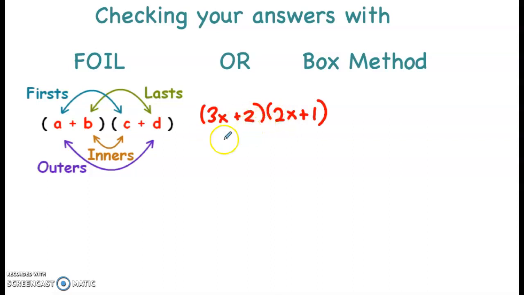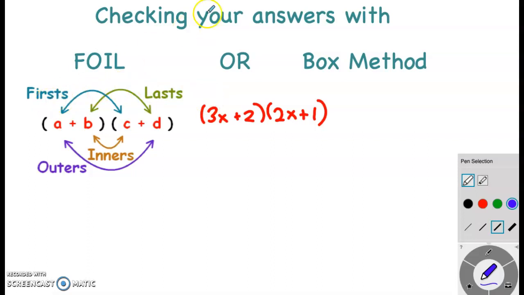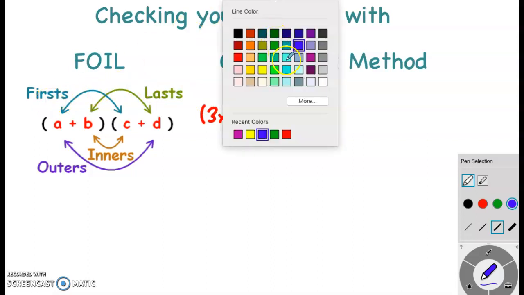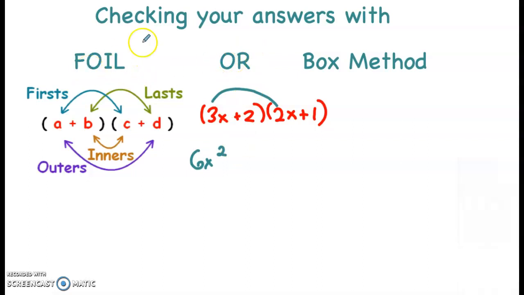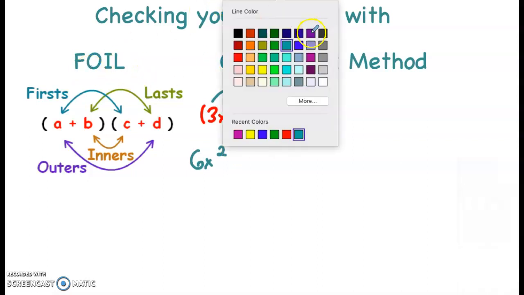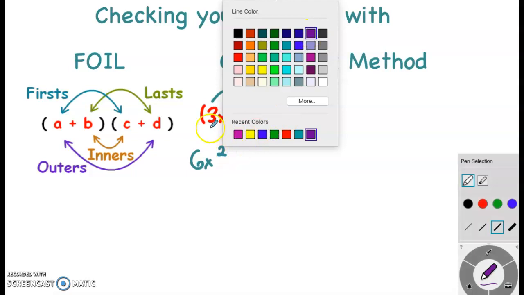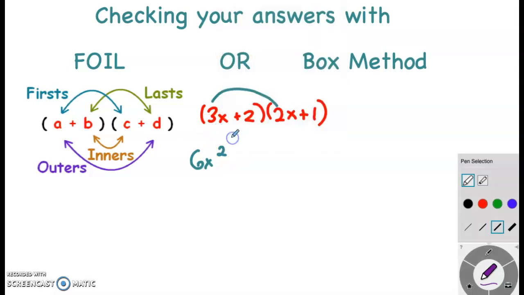When we go to check these, we can actually use FOIL, which I bet you remember hearing in Algebra 1. So when we FOIL, we take the first. The first means the first terms, which is the 3x and the 2x, and you get 6x squared. Then the O tells you to do the outers. So I have a 3x and a 1, and that's plus 3x.